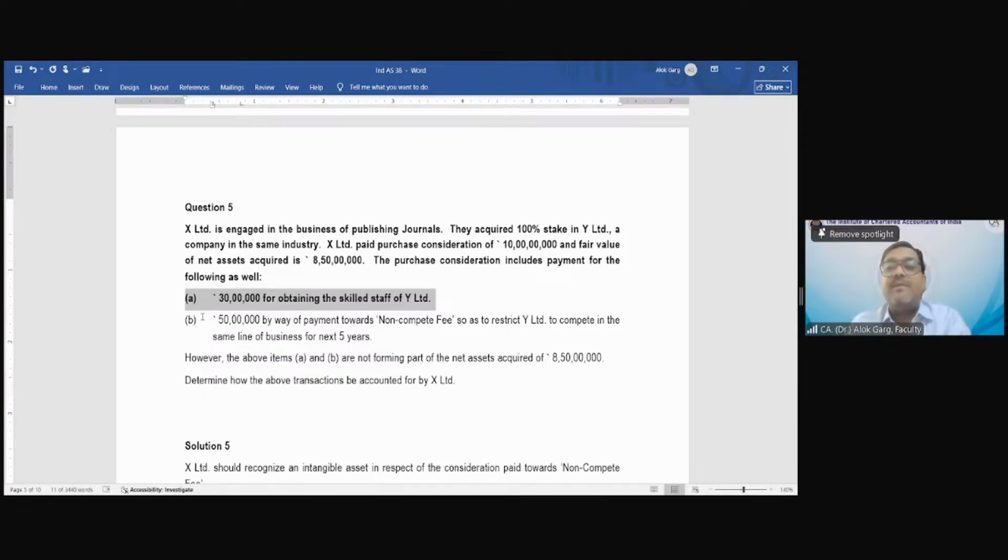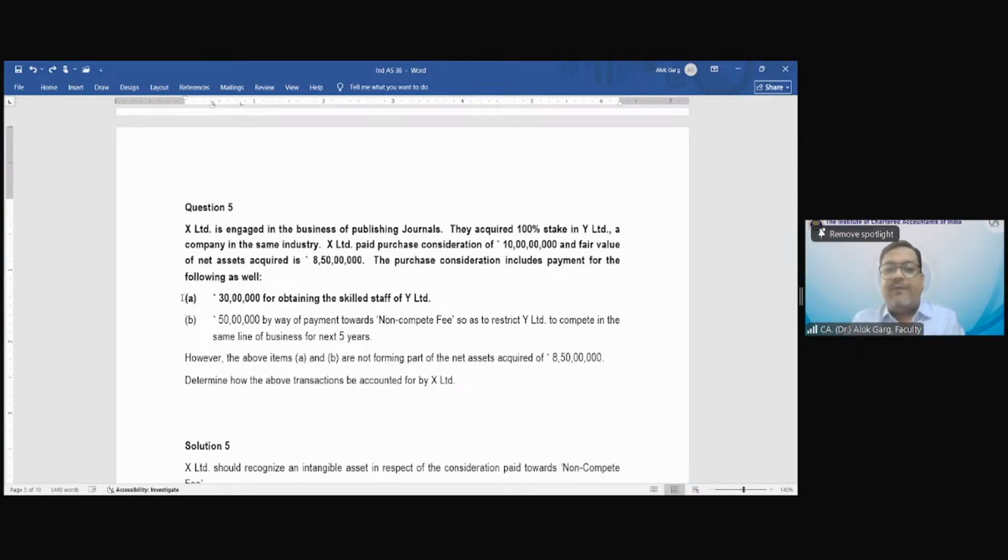So when you become a business valuer, you give weightage to all the inherent features and benefits coming out of that business, right? So this company has a skilled staff, a good, brilliant staff, and that is why they are paying 30 lakh rupees for obtaining the skilled staff of Y Limited.